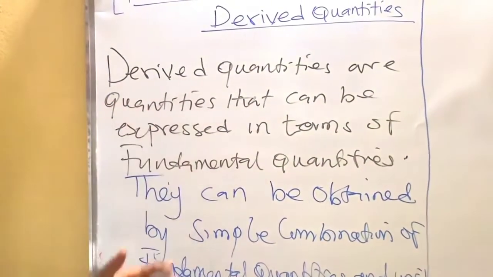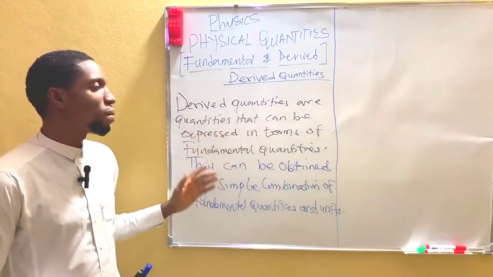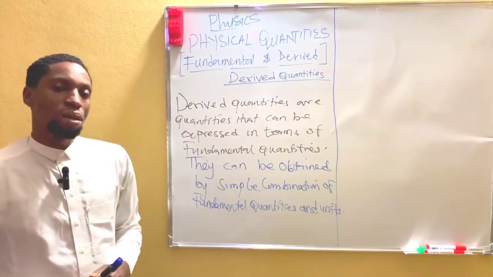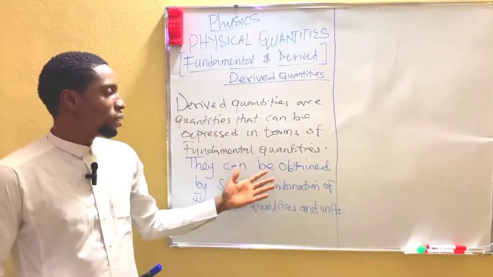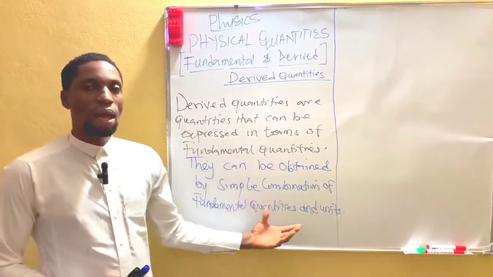So, derived quantities are quantities that can be expressed in terms of fundamental quantities. They can be gotten by simple combination of fundamental quantities and units.